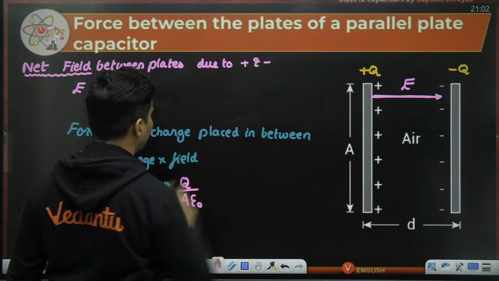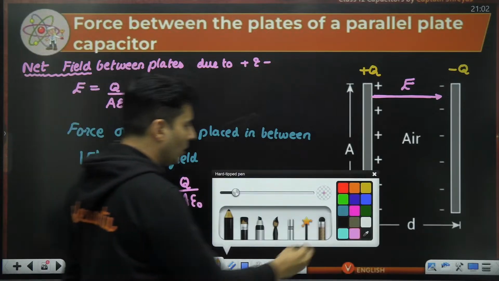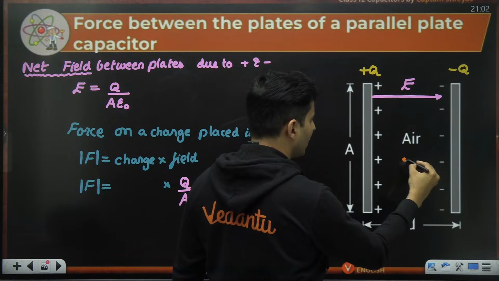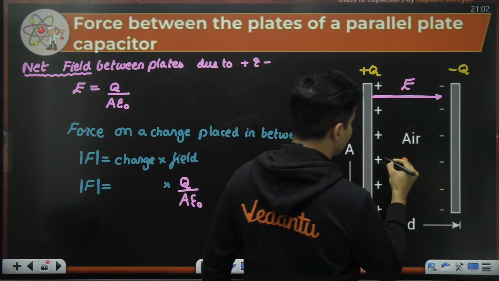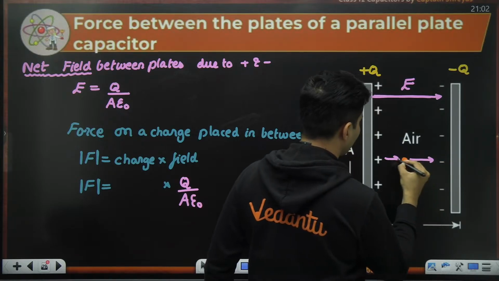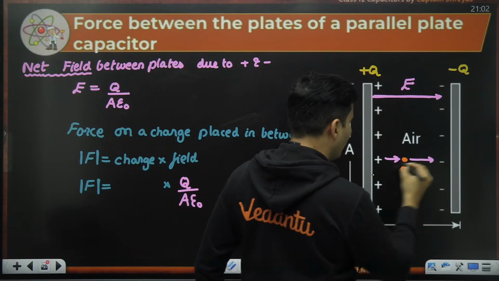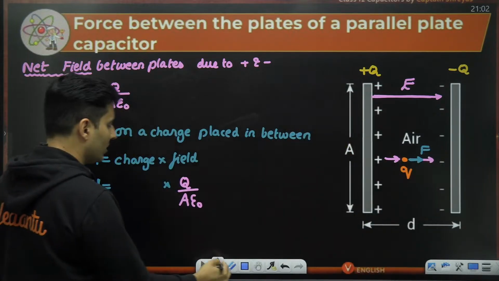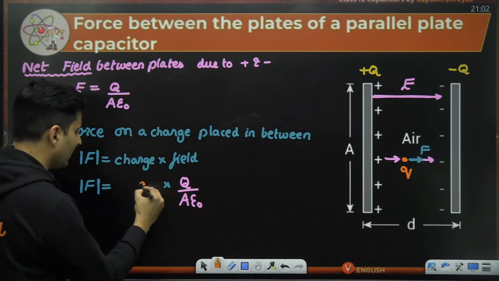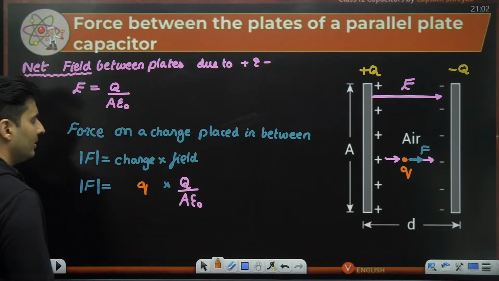positive and the negative. So if at all I am having some kind of a charge over here, Q, and obviously there is this electric field which is going, that charge will now experience a force like this, and that force will be nothing but this particular charge multiplied by the field.